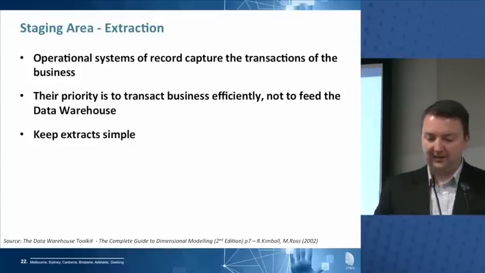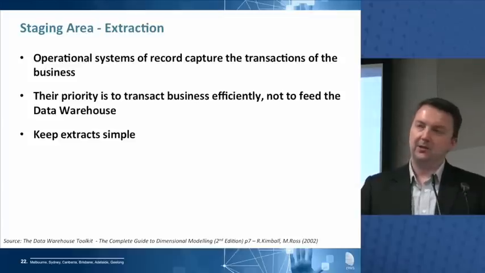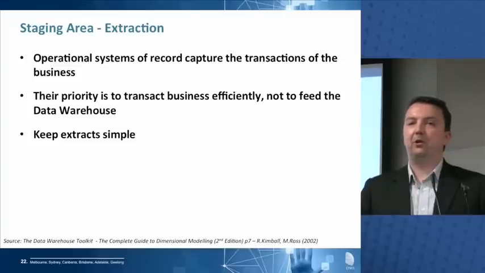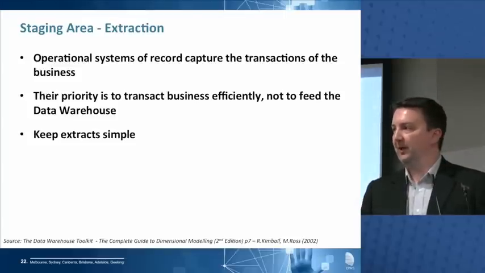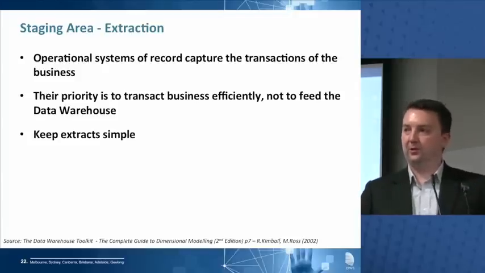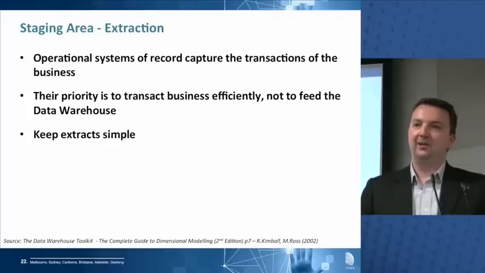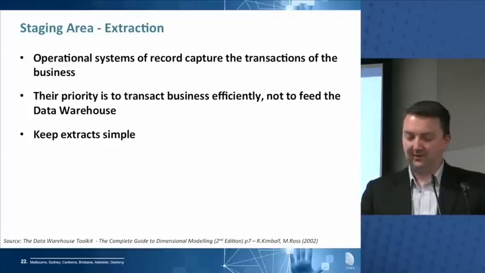We need to extract it. The only thing that I'm going to say about this is operational source systems have priorities beyond the data warehouse. In the list of relative priorities of an operational source system, the data warehouse is right down at the bottom. They don't care about us.